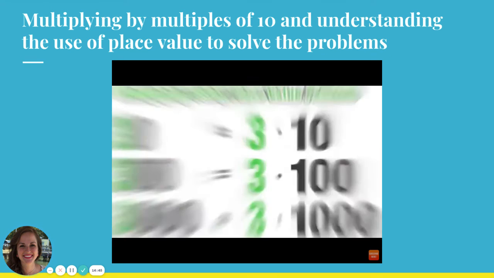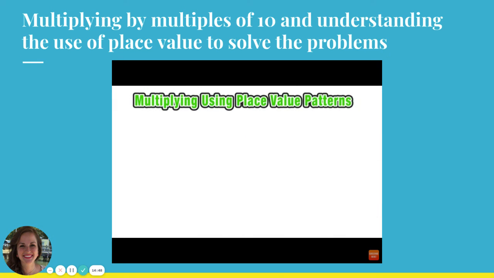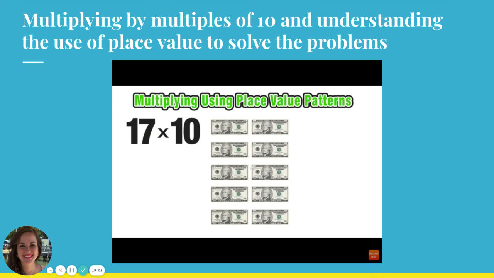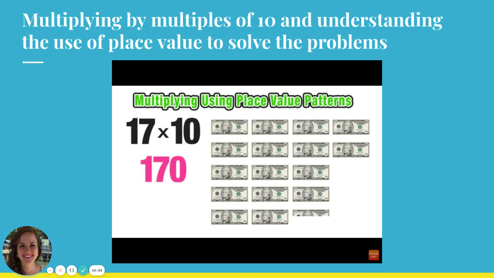Cool. So let's go ahead and start our first example where we want to multiply 17 times 10. Now, we can think of this as laying out 17 $10 bills and figuring out how much money that would be. So 17 tens would equal 170. Now, what if we were to replace that 10 with a 20? So now we have 17 times 20.